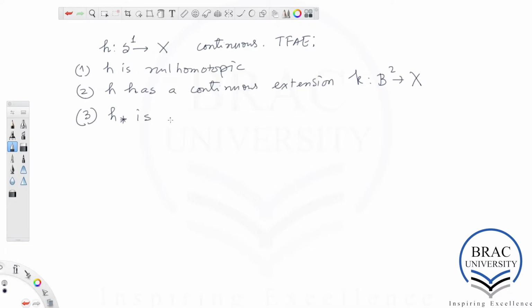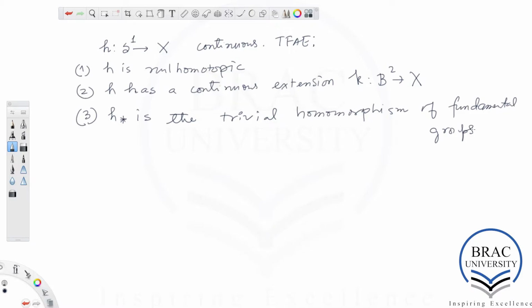H star is the trivial homomorphism of fundamental groups. Okay, so we stated and proved this lemma in the previous segment.